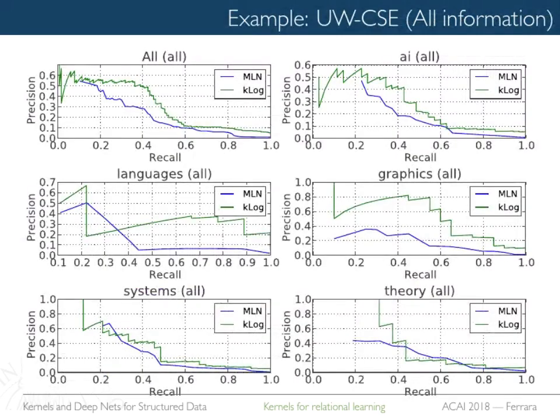Yeah, and this is what you get comparing. These are recall precision curves of kLog versus Markov logic networks. Markov logic networks can actually do collective classification. Okay, so in principle they are more informed. In practice, they don't actually work better, as you can see. So kernels are quite powerful.